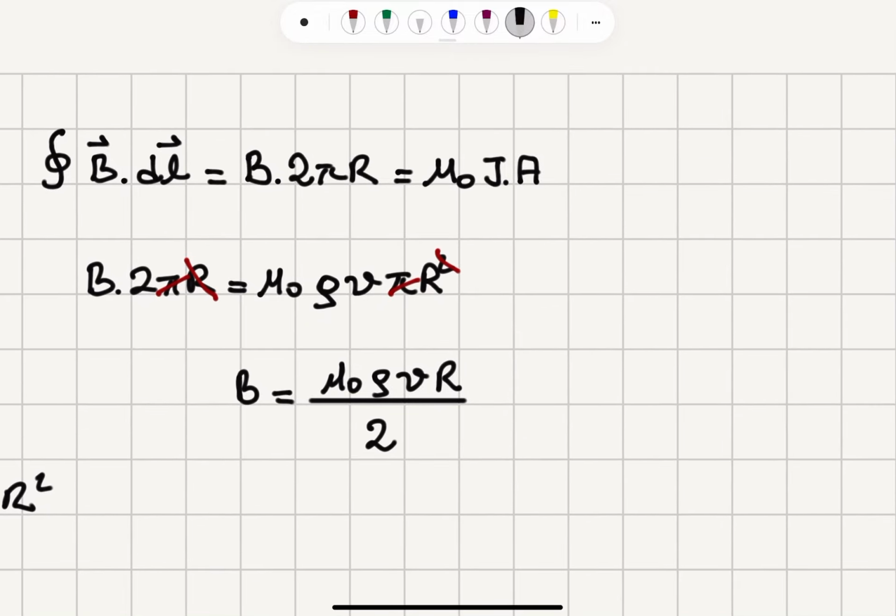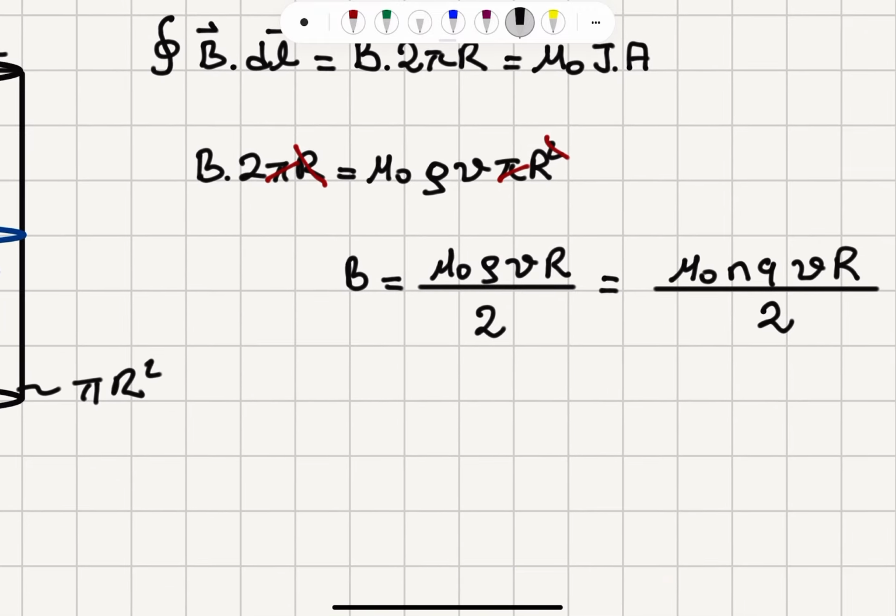Now, I know that rho is equal to nq, so I can substitute here mu 0 nq vR divided by 2, that's the magnitude.